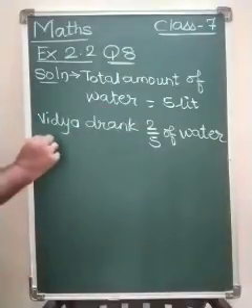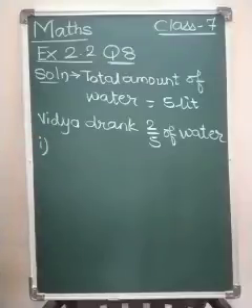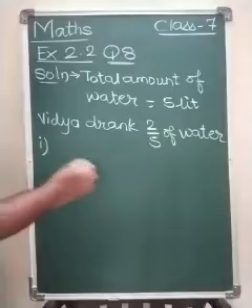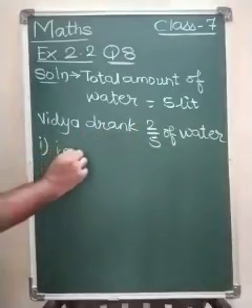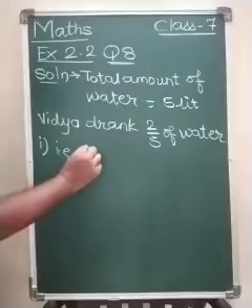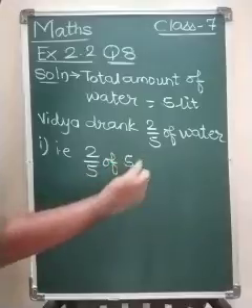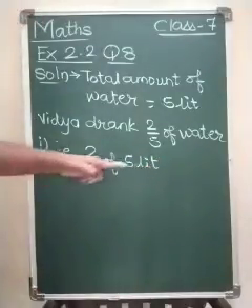Now first question. First answer we will write: Vidya drank 2/5 of water, that is 2 upon 5 of 5 liters.